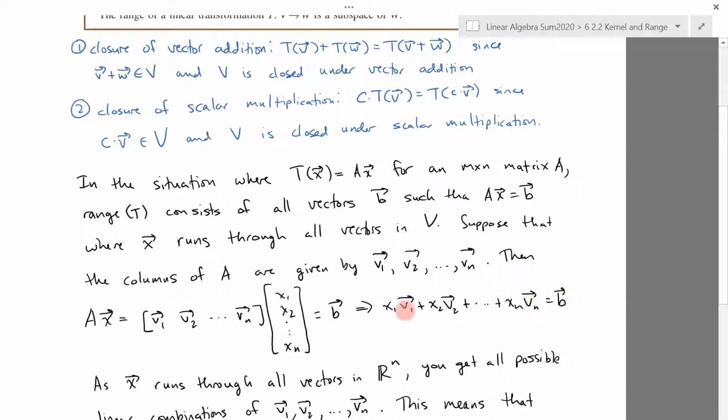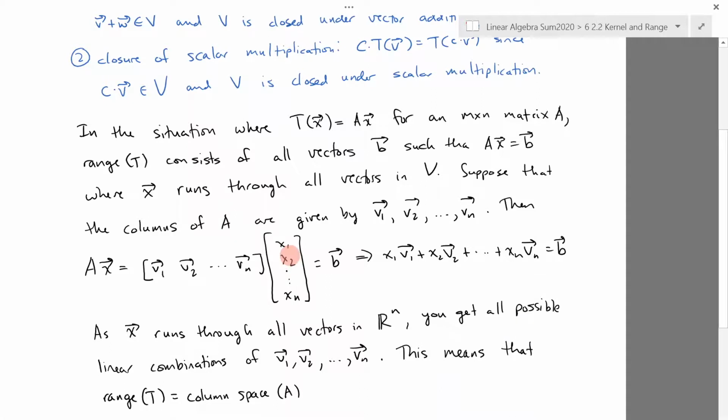So this shows that the output vector B can be written as a linear combination of the column vectors of A.